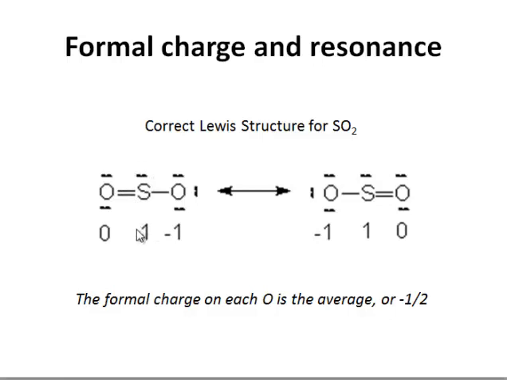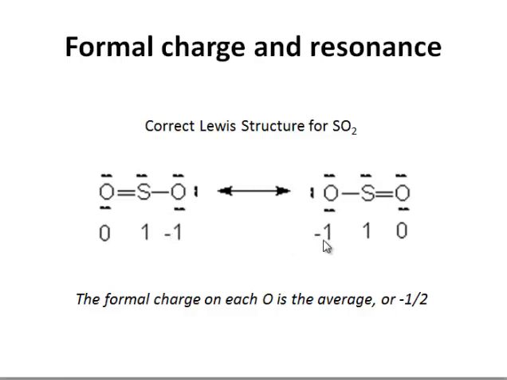The formal charge on the sulfur is 1. The formal charge on this oxygen is 6 minus 1 minus 6, or 6 minus 7, for a total of negative 1.